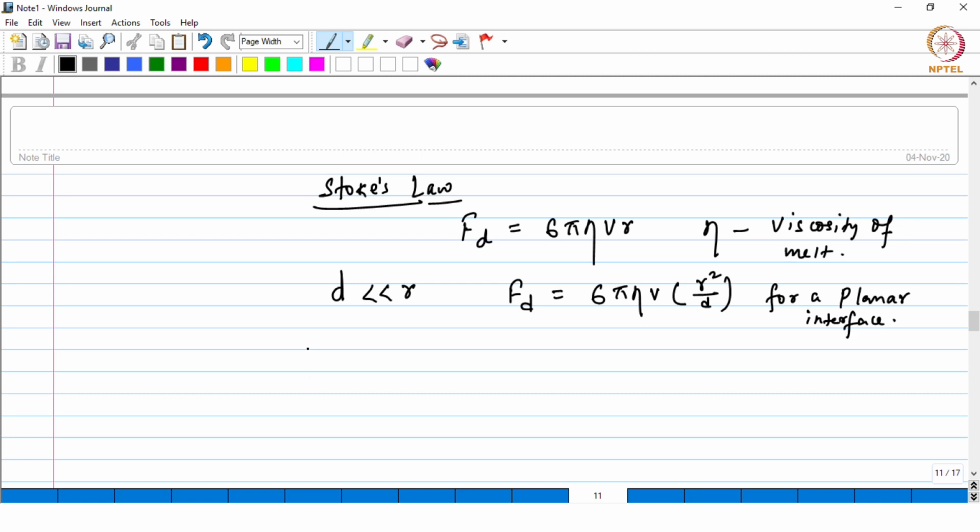And for a non-planar interface, the interface is assumed to be part of a spherical surface of radius Ri.